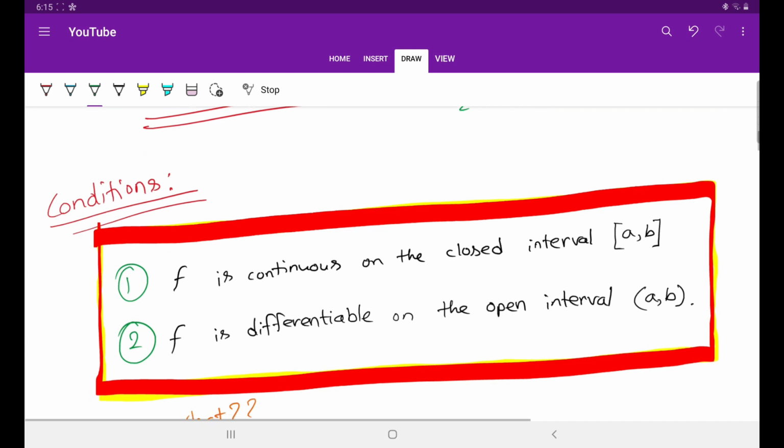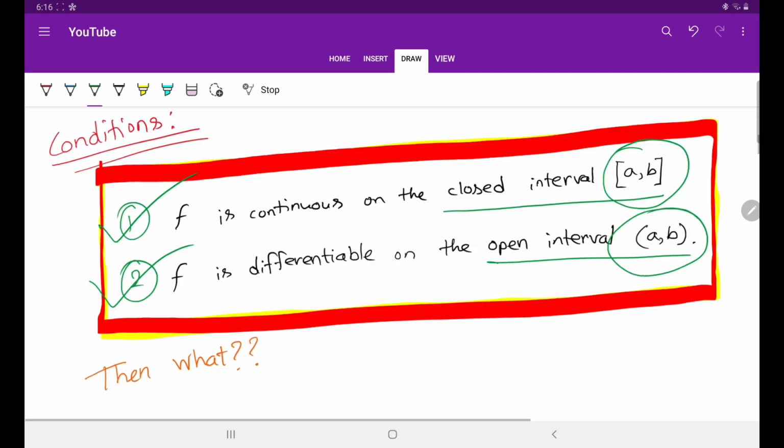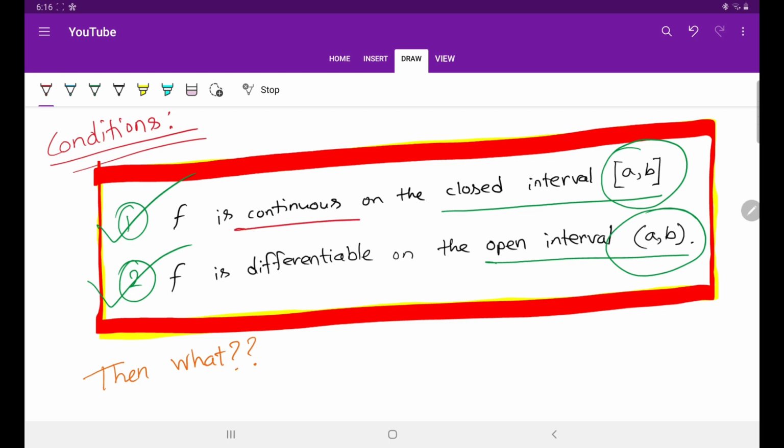So for the MVT theorem, we have exactly two conditions. What are those? Number one, f is continuous on the closed interval, as I told you before, that this is a closed interval, right? And the other one is f is differentiable on the open interval. So this is the open interval. We need to focus on continuous and differentiable.